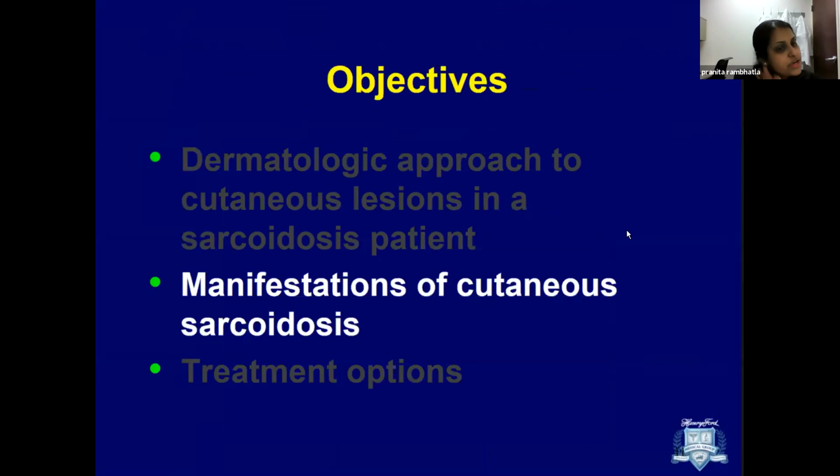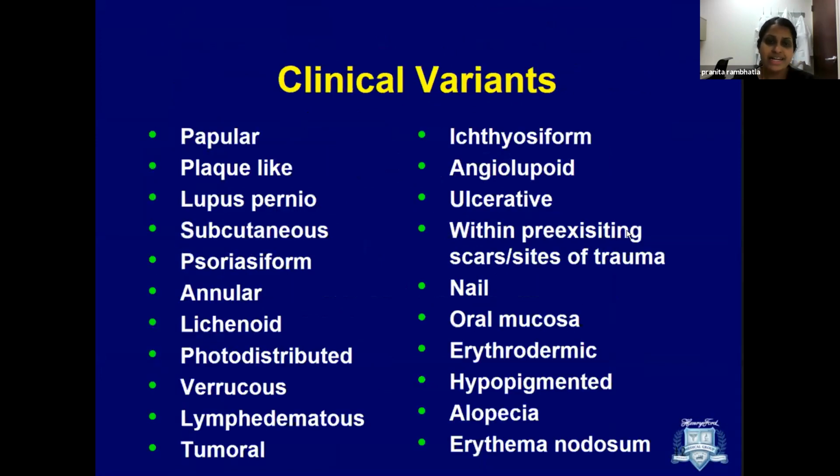Next, I want to go through some manifestations of cutaneous sarcoidosis. These are all of the variants, and it's an exhaustive list. You can see there are so many types of sarcoidosis. If I was there, I wish we could make this more interactive, but you'll have to call out the answer or say it in your head so that we can still be somewhat interactive for this next portion.